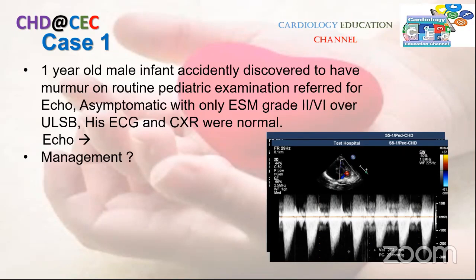I think this is a big dilemma, and we have agreed in the previous webinars that the approach in our country is different from the European and USA. The guidelines nowadays are not recommending prophylaxis against infective endocarditis for mild valvular PS.